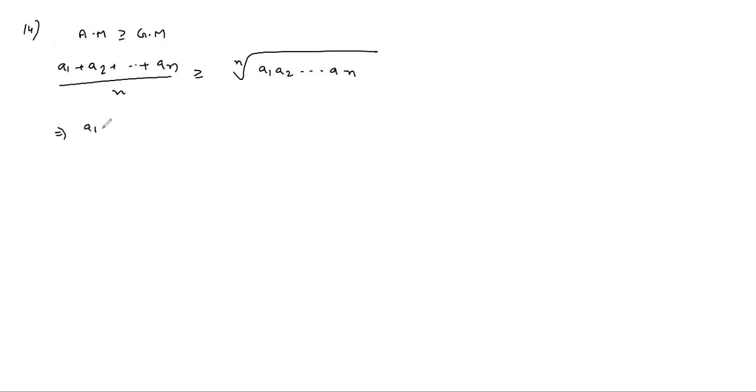So a1 plus a2 plus and so on plus an is greater than or equal to n into nth root of the product, which is unity. So a1 plus a2 plus and so on plus an is greater than or equal to n, meaning never less than n.